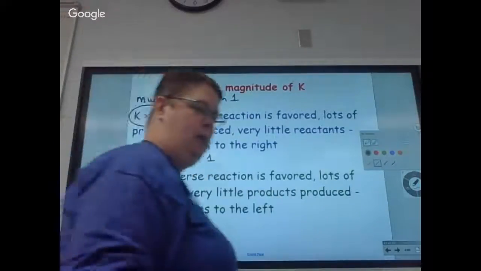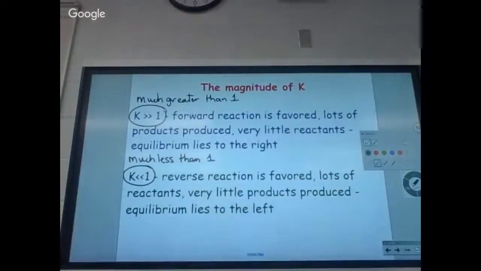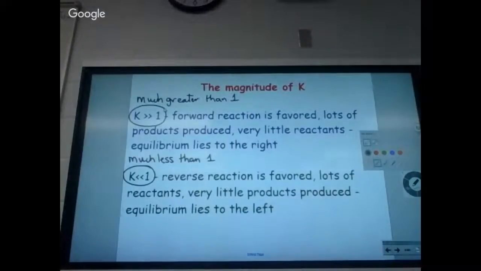Now, if K is much greater than 1, it means the reaction is favored in the forward direction. Lots of products are produced, meaning you have very little reactants.